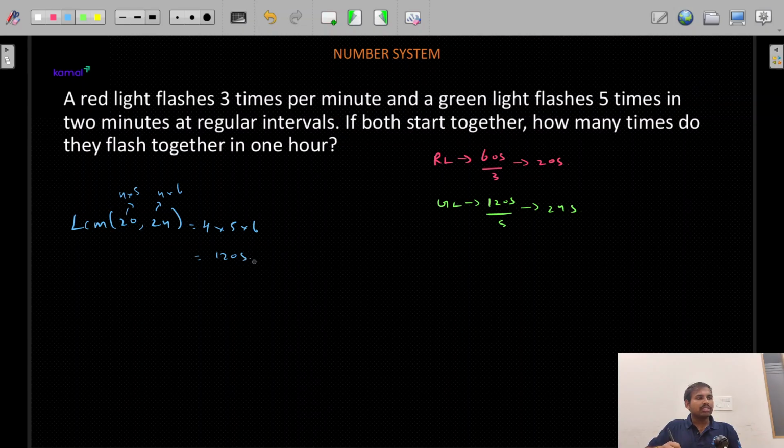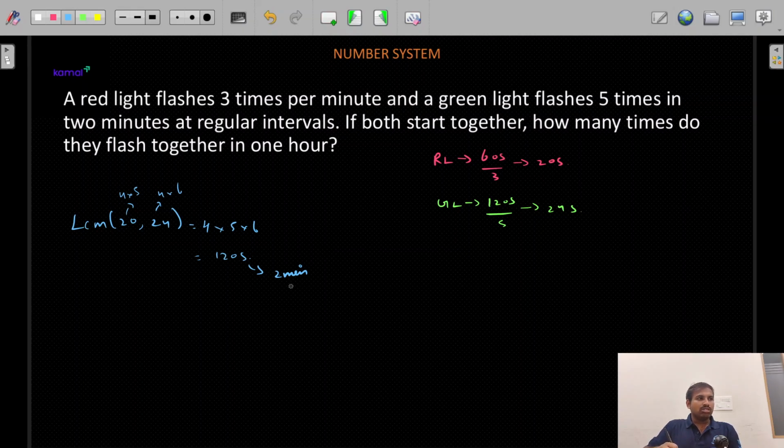So every 120 seconds, which is equal to 2 minutes, both the red light and the green light flash at the same time. In 2 minutes, they will flash together.